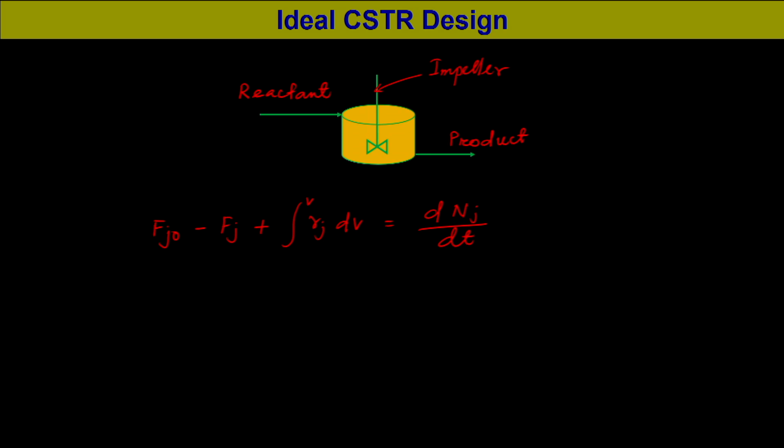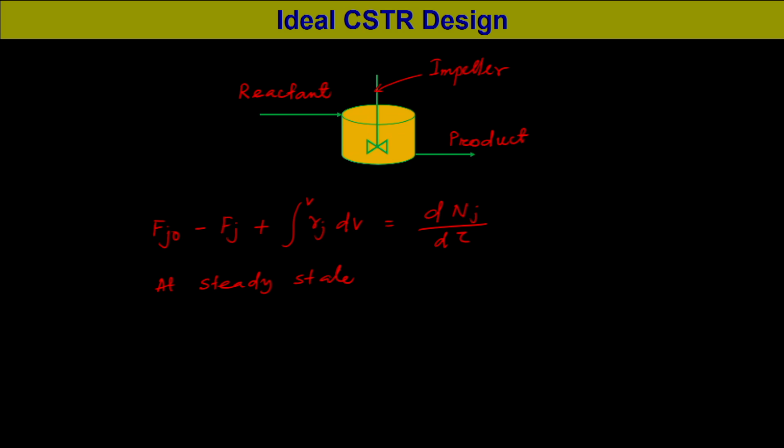Now, if we consider steady state, what will happen? The change of moles with respect to time will be 0. That means, here instead of dt we can write d tau for the flow reactor.